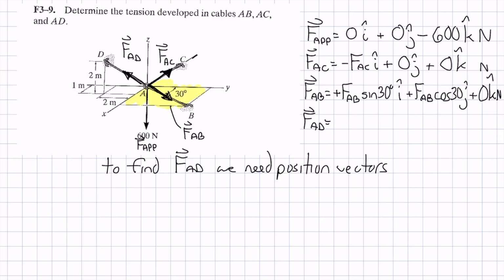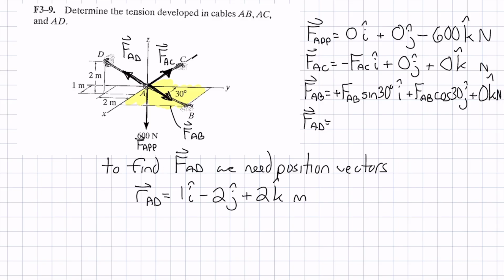So I'm going to find the position vector that goes from A to D. And hopefully you can see offhand that that is just going to be 1 I hat minus 2 J hat, because it's 2 long there. And it's going to go up 2 in the positive Z hat, so plus 2 K hat meters.